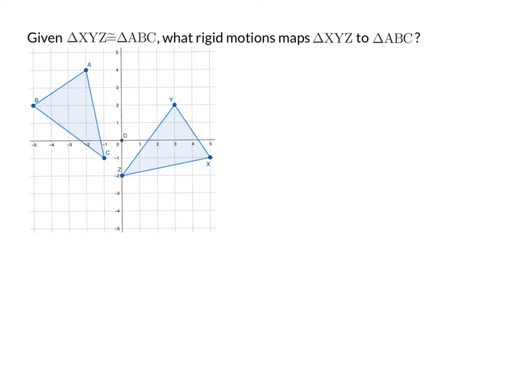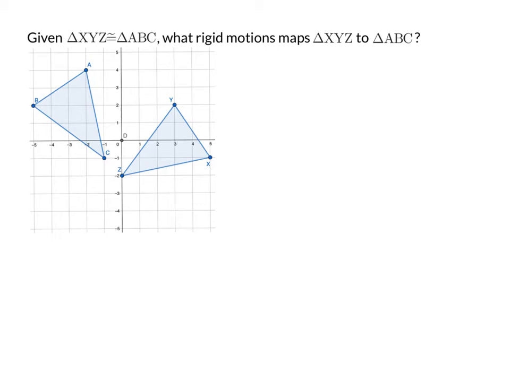Now, just by looking at it, I can sort of tell that there's been a rotation here of some sort. I can tell that because if I were to do a flip over the x-axis or the y-axis, the way this figure would land is not the way that the figure we have in ABC has landed. So we must have done some sort of rotation.